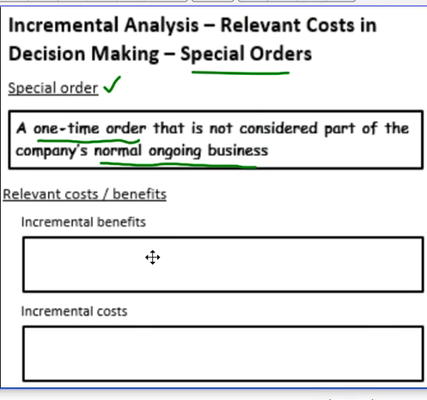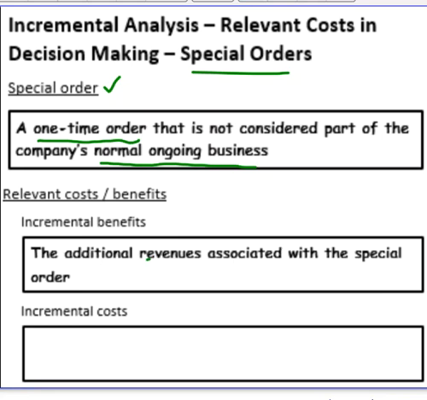So let's take a look at the incremental benefits. The incremental benefits are the additional revenues that we're going to earn from that special order. If we're going to take a special order, our goal is to make money on that order and earn revenue.